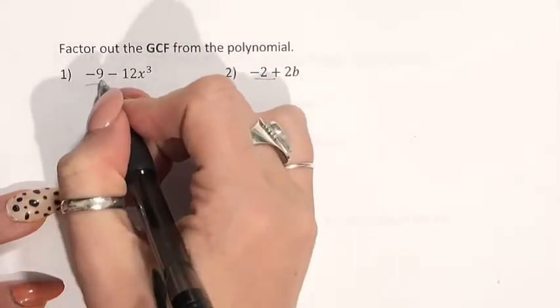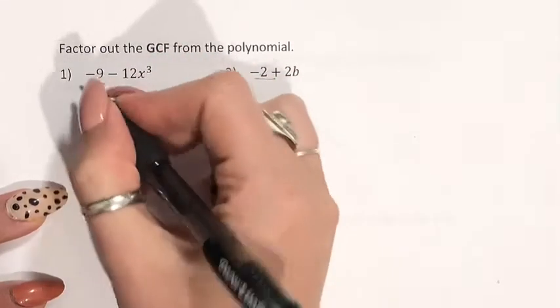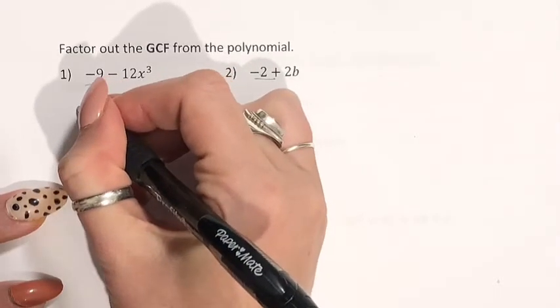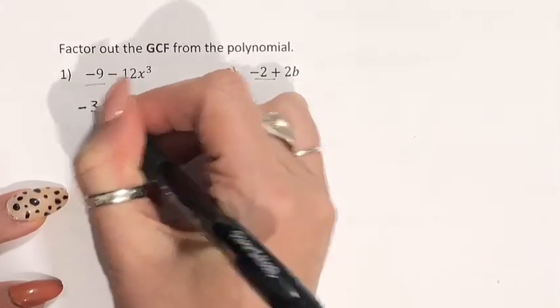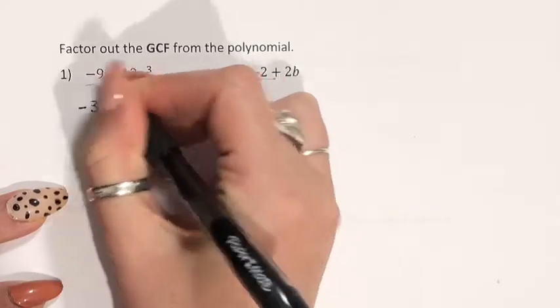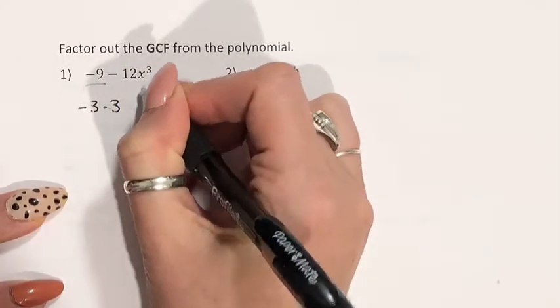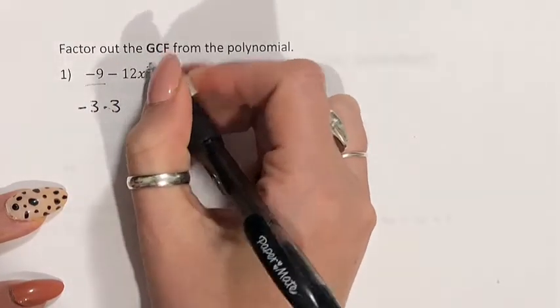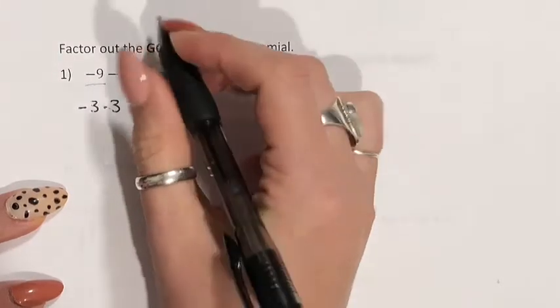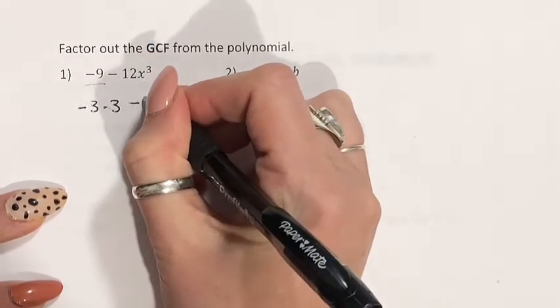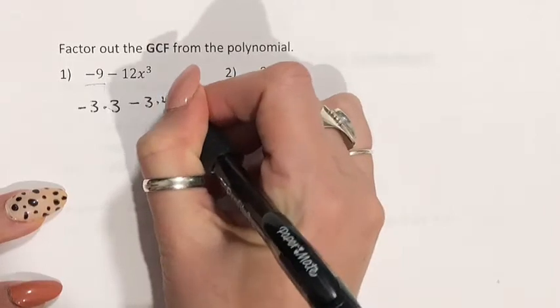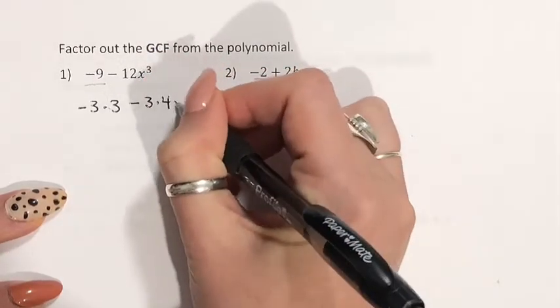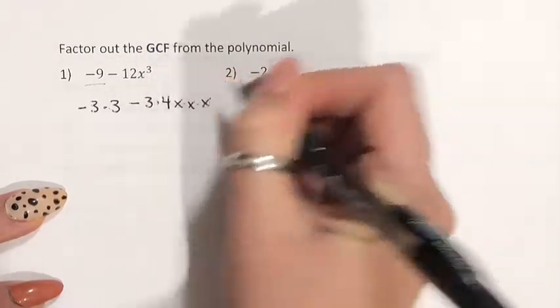For -9, we know that 9 breaks into 3 and 3. So I'm going to write this as a -3 times 3, so that we have that negative there. And then we have a -12x cubed. 12 breaks into 3 times 4, so let's do a -3 times 4, and then we have x cubed, so x times x times x.